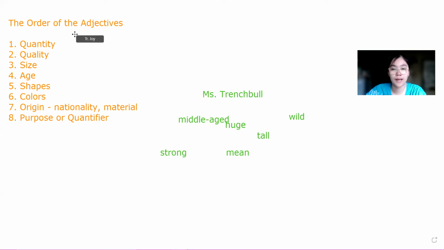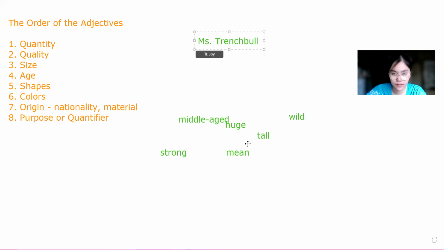According to the order of the adjectives we're going to learn today, which adjective should come first among the 5 we have mentioned? Quantity, quality, size, age, shape, colors, origin, purpose or quantifier. Okay, you can say we can start with strong as a quality.